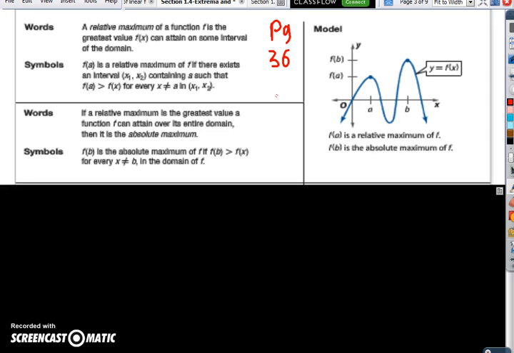But before we get to that, if a relative maximum is the greatest value a function can attain over the entire domain, it's an absolute maximum. So what does that mean? Let's say, for example, in the room right now, I have the most education. Why? Because I'm the only one in this room.